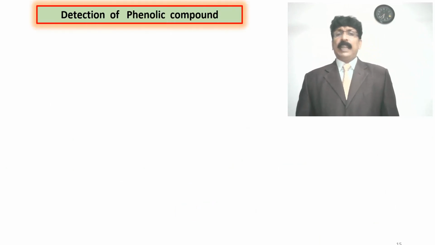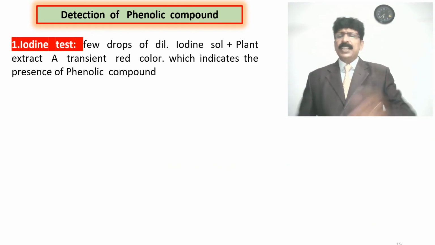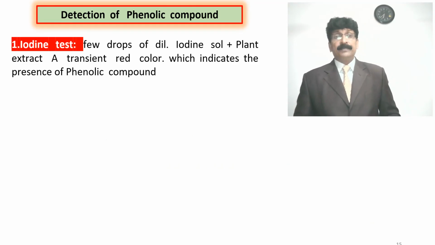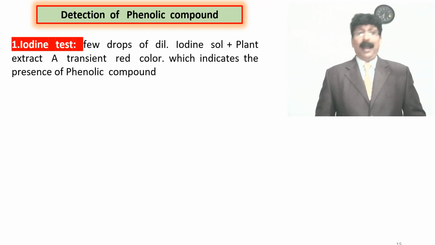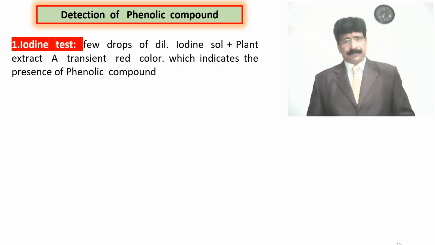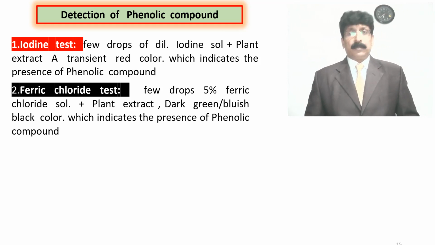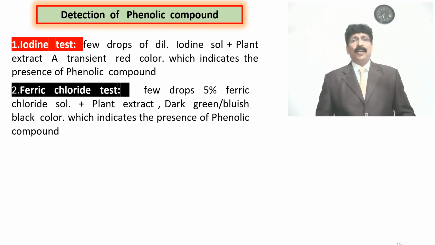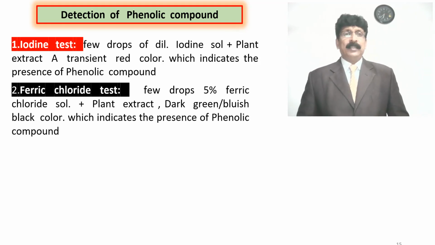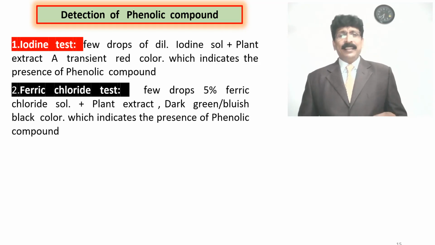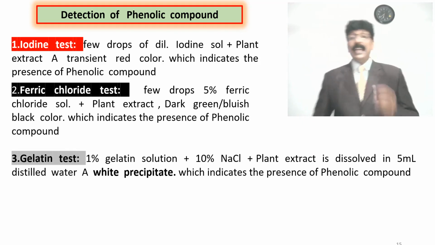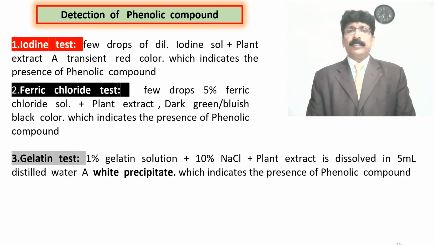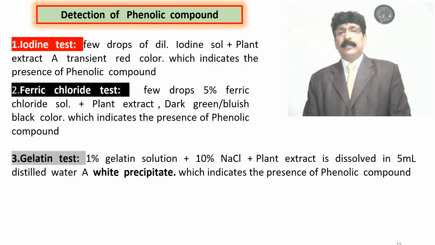Now we come to the detection of phenolic compounds. In the iodine test, a few drops of dilute iodine solution are added to the plant extract, and a translucent red color indicates the presence of phenolic compounds. In the ferric chloride test, a few drops of 5% ferric chloride solution are added to the plant extract, and a dark green or bluish black color is formed, indicating phenolic compounds. In the gelatin test, 1% gelatin solution plus 10% sodium chloride is added to the plant extract dissolved in 5 ml of distilled water.